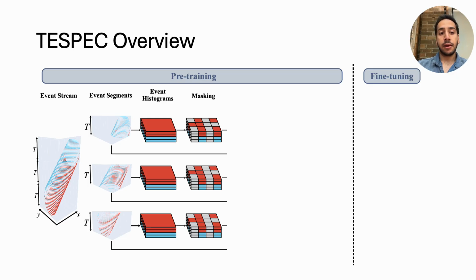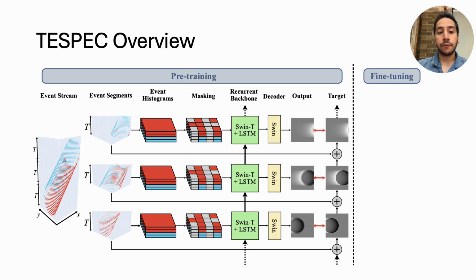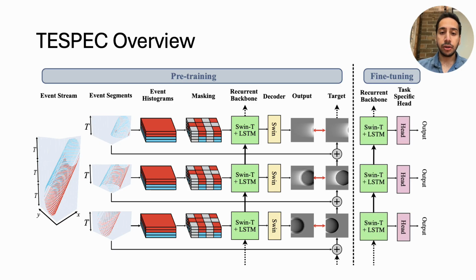And once we mask out a good portion of the input, we feed it into a recurrent backbone, our encoder, which is a Swin Transformer model coupled with ConvLSTM cells. And then we ask the decoder, a small decoder, to predict our spatial target. After pre-training, we transfer the backbone to downstream tasks and we attach a task-specific head.